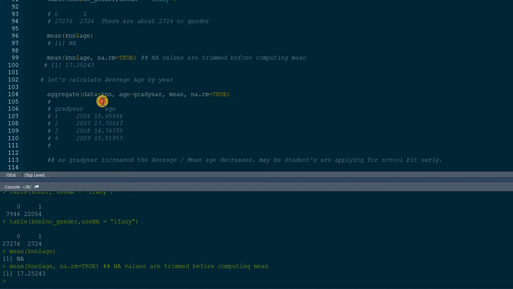So now let's aggregate this data, if you want to find out average age per year. This is how we do it. There's a function called aggregate. You assign your data, then the age you want to calculate and the groups you want to group by. So in SQL, if you want to say give me all the age group by year, this is how we would do it.